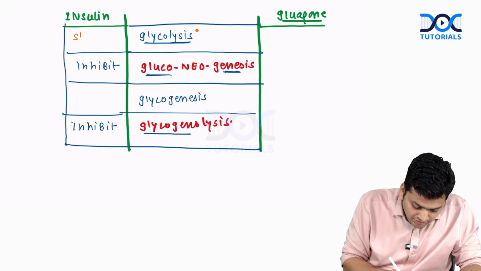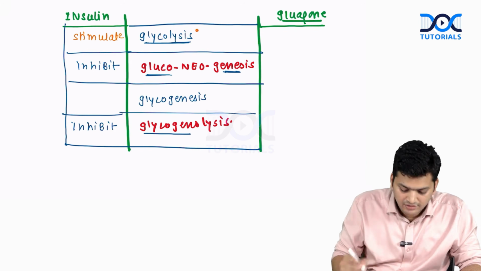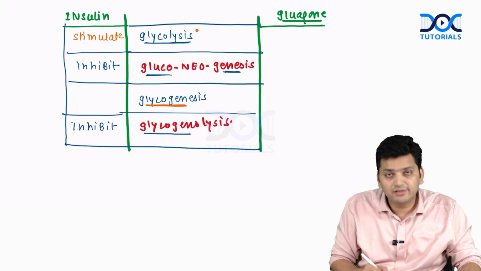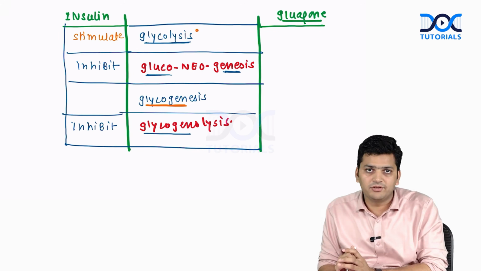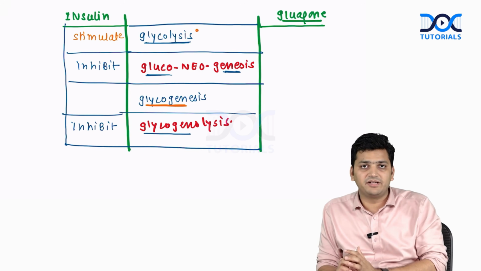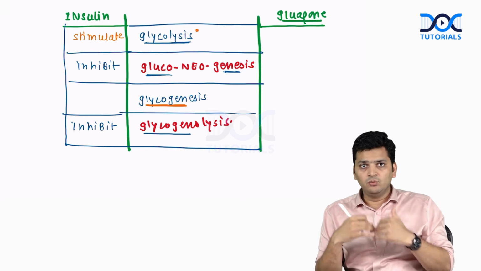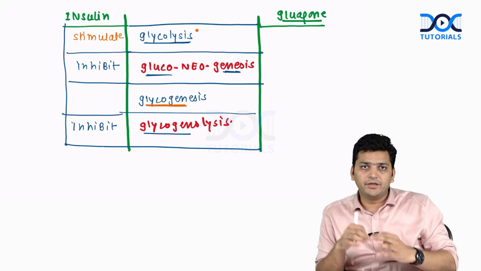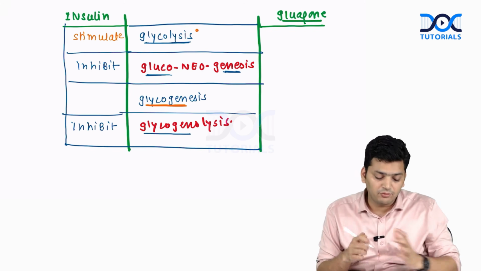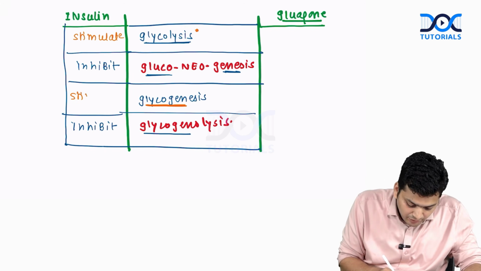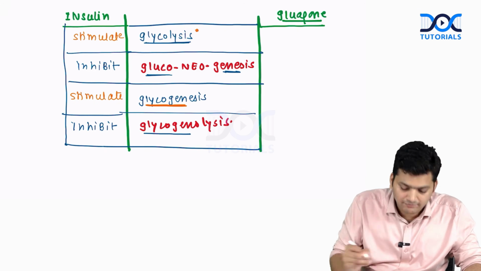So glycolysis will be stimulated. And in glycogenesis, you are converting glucose into glycogen, so overall the glucose levels are decreasing. Whenever glucose is getting consumed, either converted into pyruvate or converted into glycogen, all such processes will be stimulated by insulin.